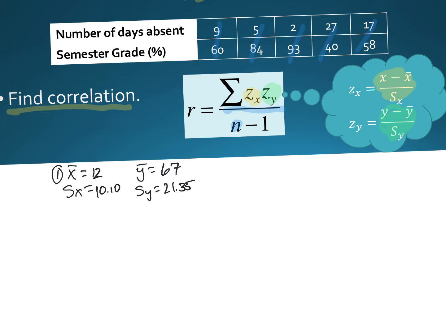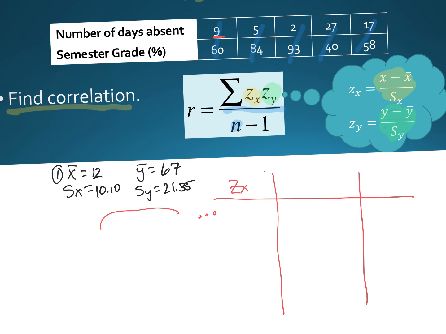So the next step is to almost do like a KWL chart, like we did with standard deviation. In the first column, you're going to find your z-scores for x. So you're going to take 9 minus 12 divided by 10.10. The next number, 5 minus 12 over 10.10, to find all the z-scores for that column.